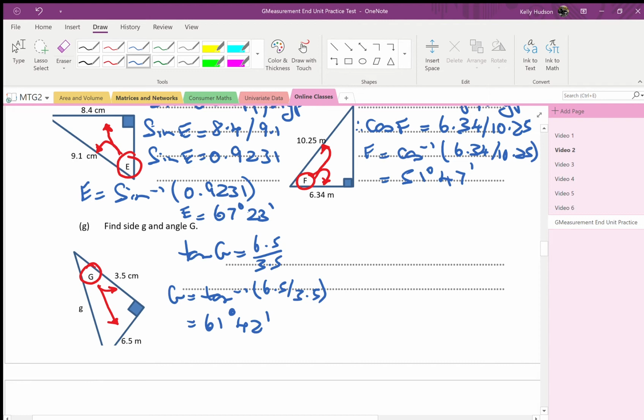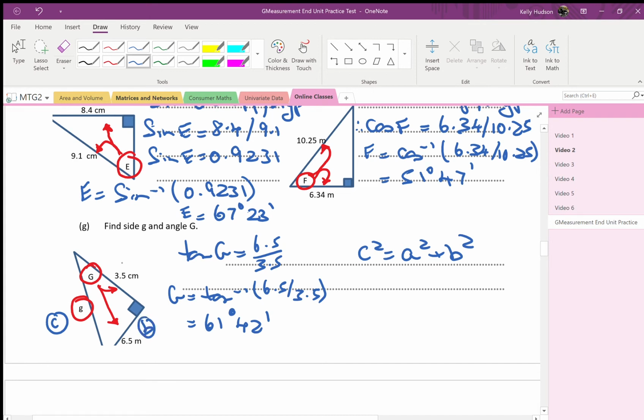Alright, now I need to find the small g value. So the small g value, I can use a trig ratio or I could use Pythagoras. And I'm going to use Pythagoras because it's probably easier than looking up my trig ratios, but I could use a sine, cos or tan to find it. So let's just use Pythagoras. So c squared equals a squared plus b squared. Now the hypotenuse is the c side, which is where the g is. I'm going to call this one the b.